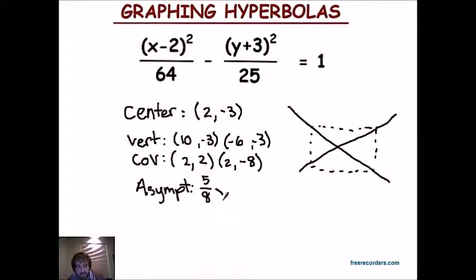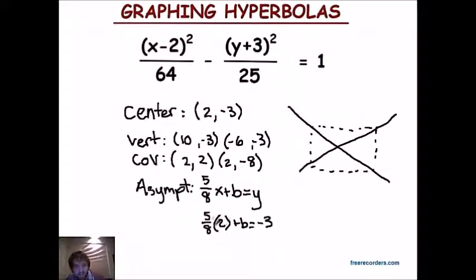And then you have your x plus some unknown y-intercept, right? This is a y equals equation, so we can grab our center and plug it in as a coordinate point. My x is 2, my y is negative 3, and then we can solve for b. We have 5/8 times 2, plus b, equals negative 3.